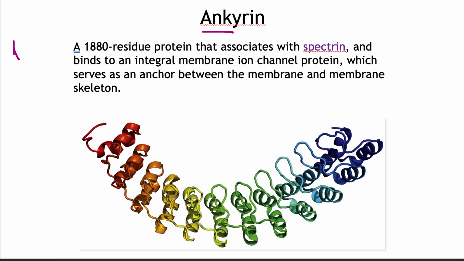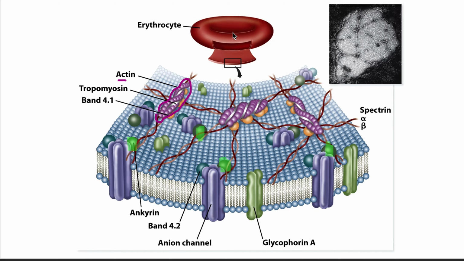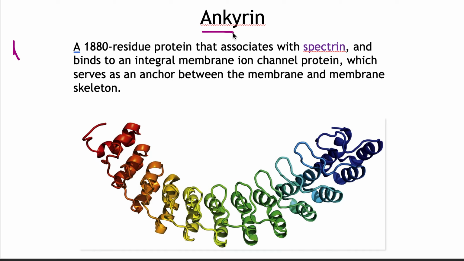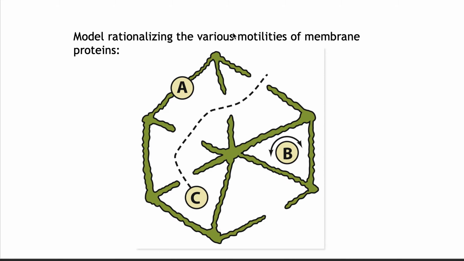So it's a protein composed of 33 different alpha helical repeats, right? And just like the name implies, we said that it helps the other proteins anchor through the membrane and associate with spectrin, and hence the name. It helps anchor the different proteins between the membrane and the membrane skeleton, right?